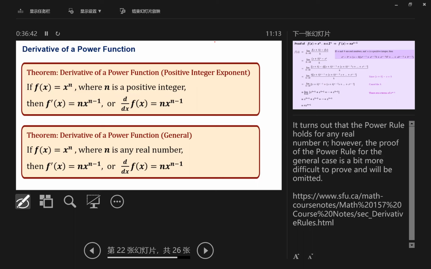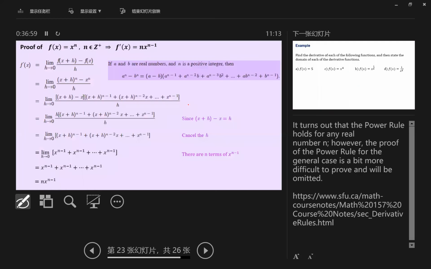Actually, we can prove the first theorem very easily. When n is a positive integer, this is very easy. So this is a proof of the first theorem. Again, it's not required in this course, but if you are interested, you can have a look at the proof after this class.